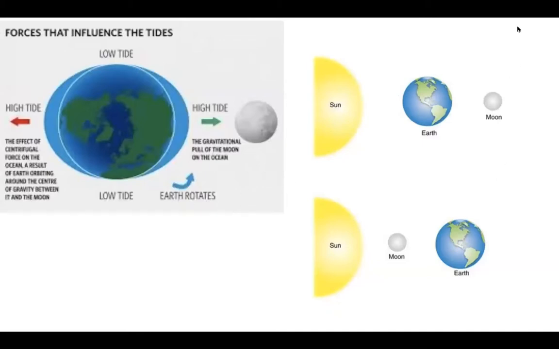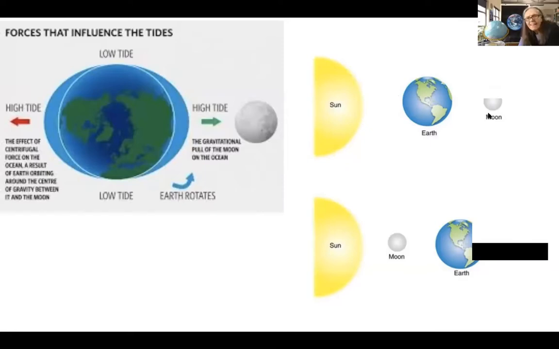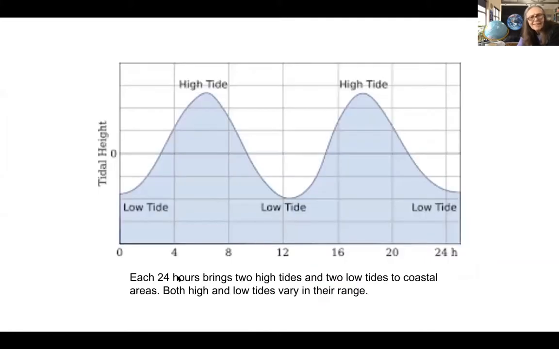And so if they're lined up like this, okay, then this is a low tide. When they're lined up like this is high tide. They're pulling more strongly on the Earth. Now, every 24 hours, there are 2 high tides and 2 low tides, okay?